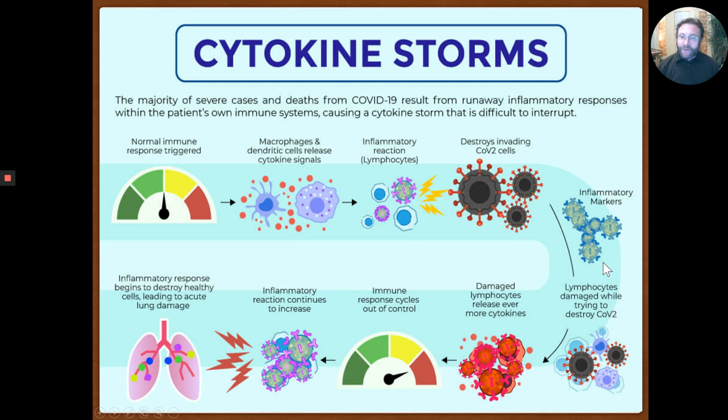And as we go through the process, we'll start losing lymphocytes, white blood cells, and they will release even more cytokines. And it basically is like a downward spiral. That release will make more of an immune response, and you'll see now we have an exaggerated immune response. And the next slide will go into what happens to lung tissue when we have an exaggerated immune response.